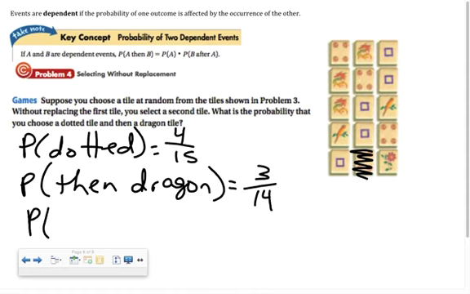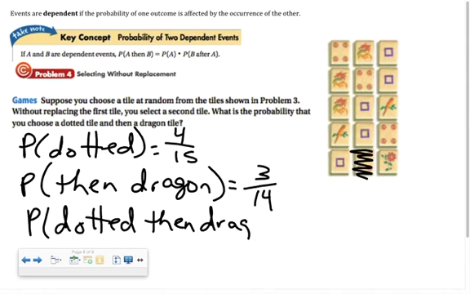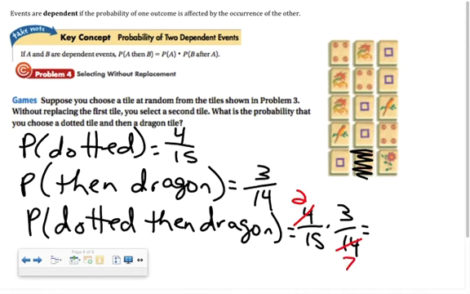And now the probability of dotted then dragon is 4/15 times 3/14, and you could multiply that straight across the top, multiply that straight across the bottom, or you could realize that you can cross-reduce and then multiply.